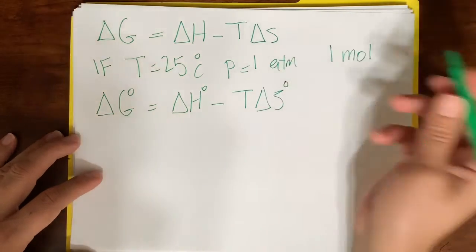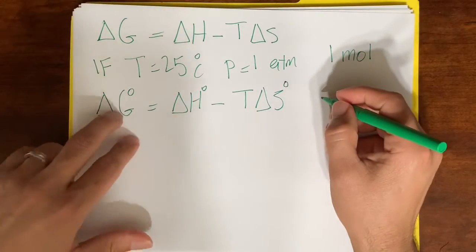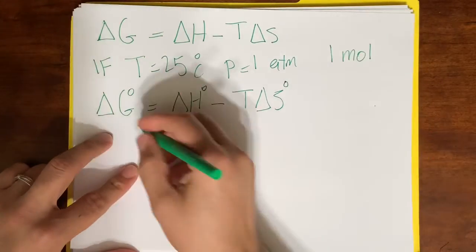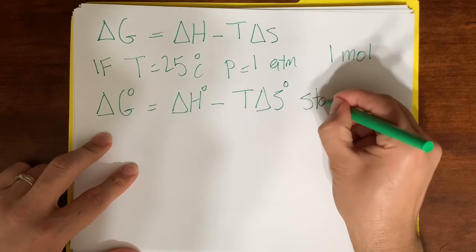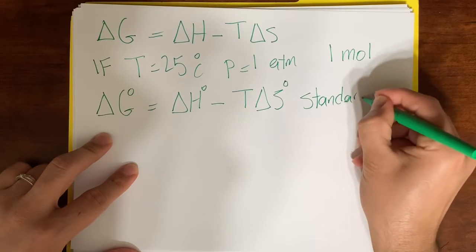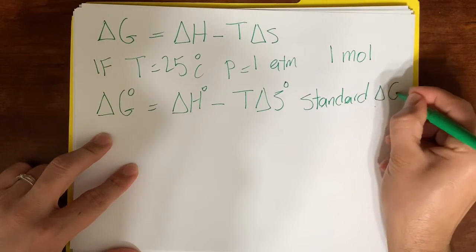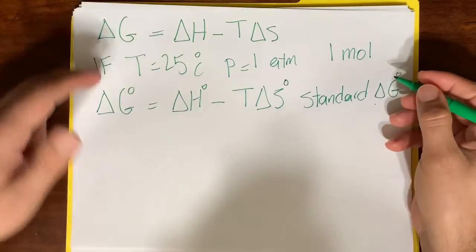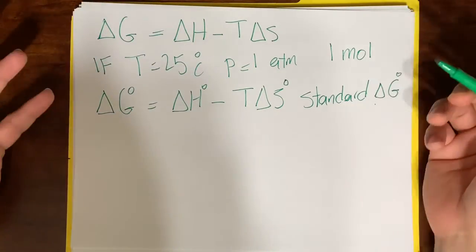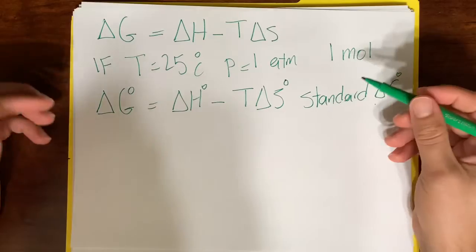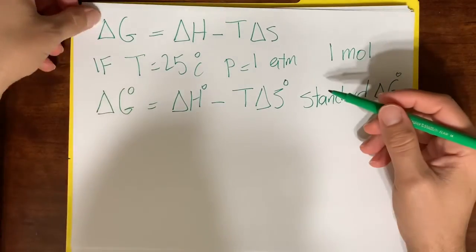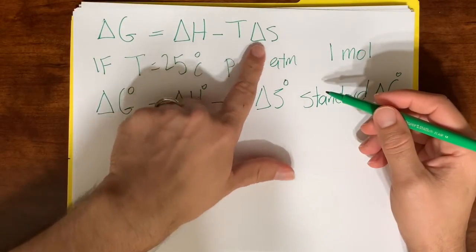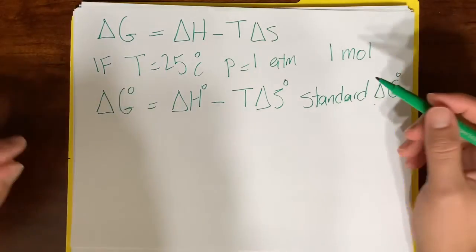The delta G that you get is a standard delta G, because I use standard condition. If you're not using standard condition, then just put the temperature, the delta S and delta H, and you will get the delta G, okay?